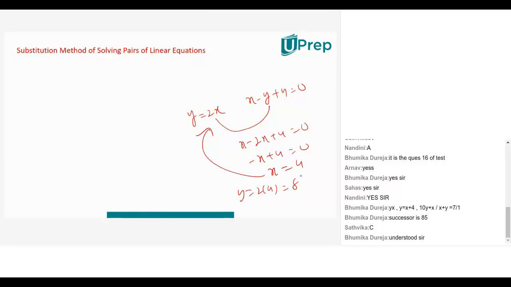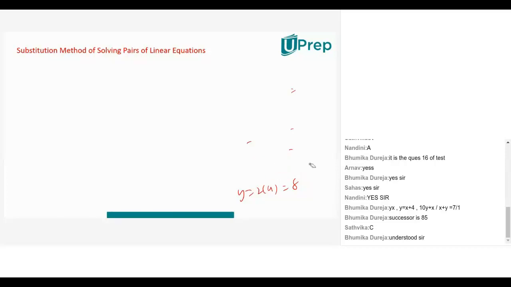Let me give you another example: solving a system of linear equations using substitution. If you remember our first class, if you have a linear equation in one variable, for example x plus 7 is equal to 9, finding the solution is simple.